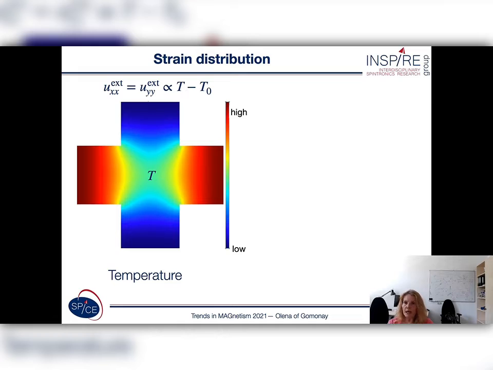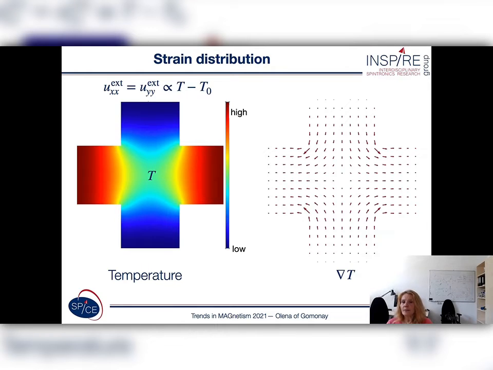However, the temperature, and correspondingly this isotropic strain, is distributed highly inhomogeneously, as shown in the right panel, where we show the temperature gradients.